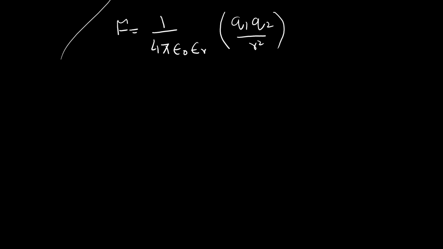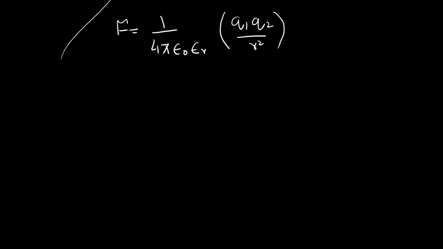So dear student, in general, we write the Coulomb equation as F is equal to 1 over 4 pi epsilon naught into epsilon R, which is the relative permittivity, into Q1 Q2 divided by R square. This is the general Coulomb equation for same or opposite charges having a medium between them.